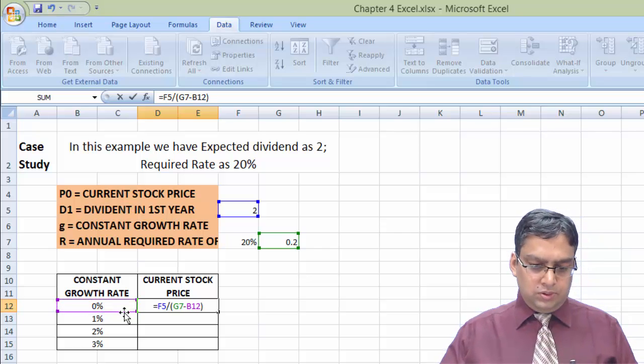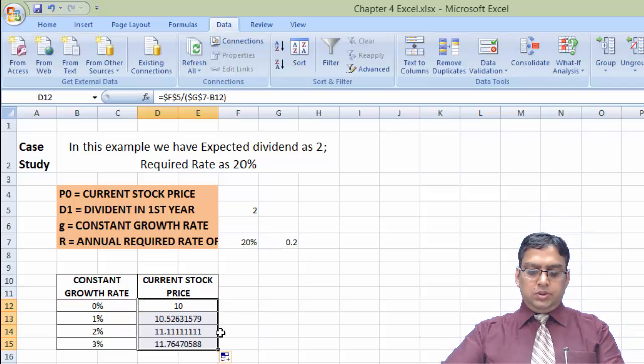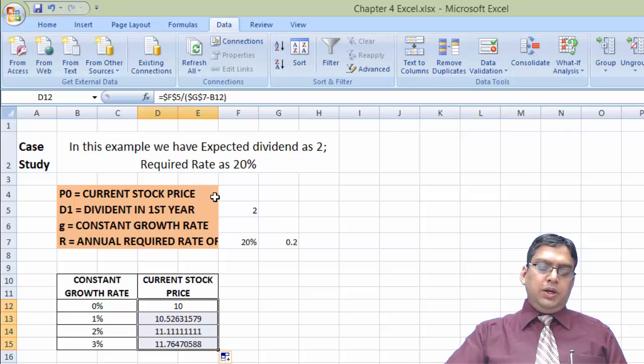We can fix the values F5 and G7. Enter, and that is your output of growth percentage according to your growth rate.